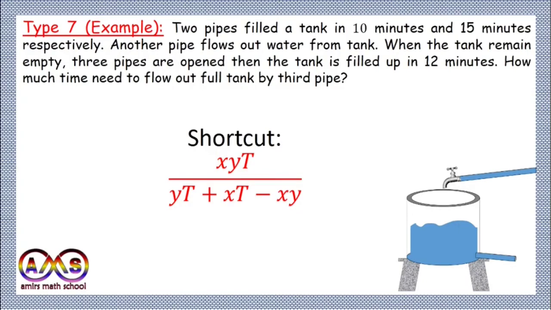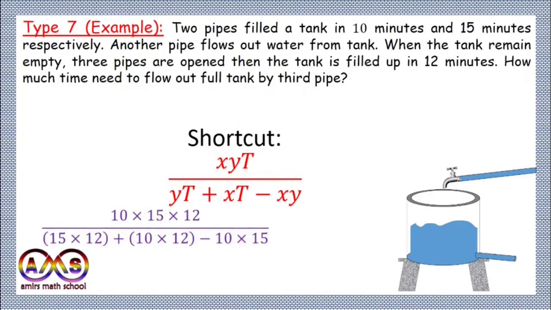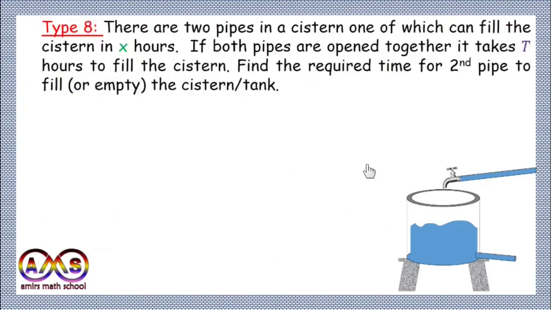So xyt divided by yt plus xt minus xy gives the required time to empty the whole tank for the third pipe. Here x is equal to 10, y is equal to 15, and t is equal to 12. If we substitute the values here, we get the required result 12.